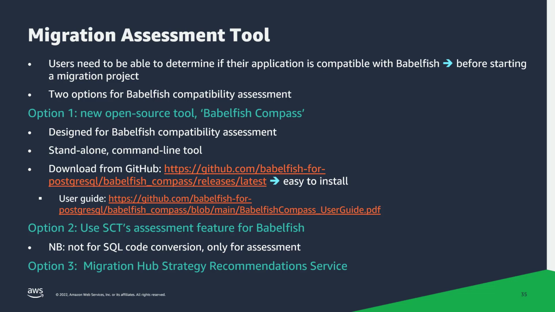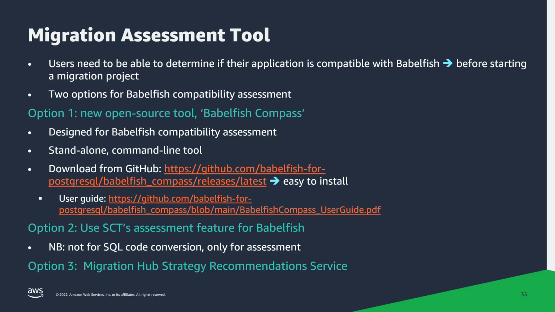It can be downloaded and you can run it against your SQL Server database schema, and it will give you a report about how many existing objects are compatible with what is supported by Babelfish. Additionally, you can also use the Schema Conversion Tool's assessment feature for Babelfish, which is going to do a similar assessment for you, but it is only going to do a read-only assessment and not generate any converted code.